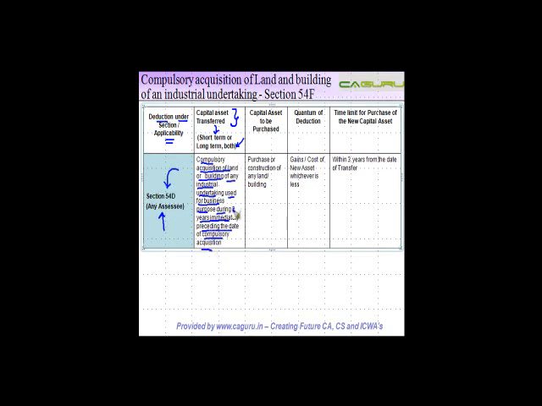My apologies, this is actually not 3, this is 2. As I discussed in the previous one also, this is 2. Okay. So 2 years prior to the date of compulsory acquisition, this land or building should have been used by the industrial undertaking for business purposes, right? So let's say if this is the date of transfer, 2 years prior to this date, it should have been used for the purpose of business.